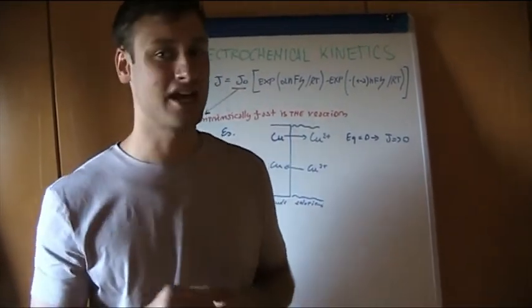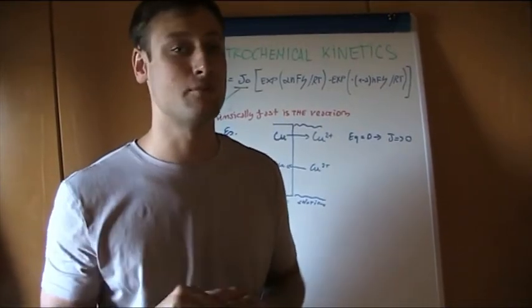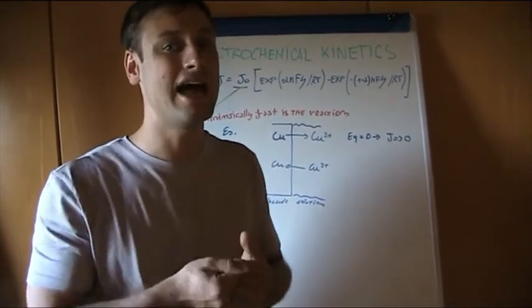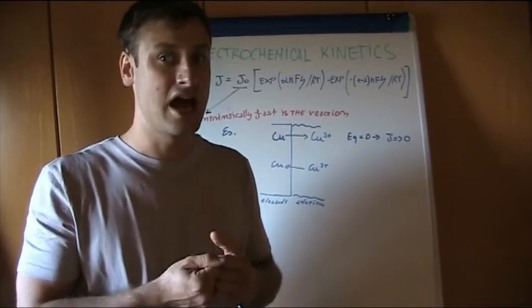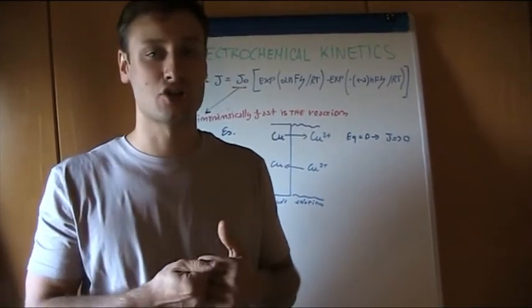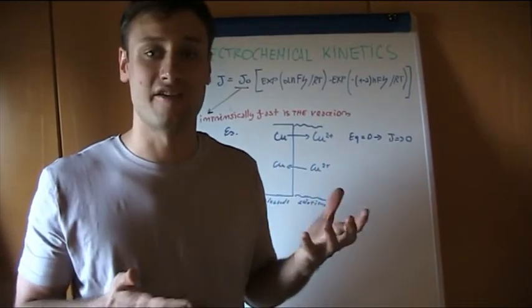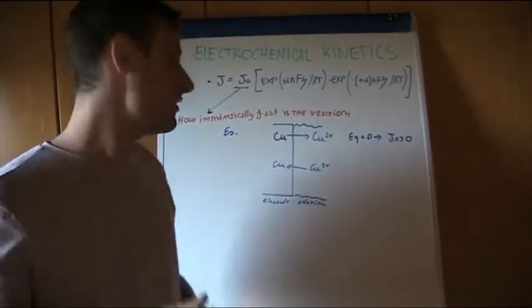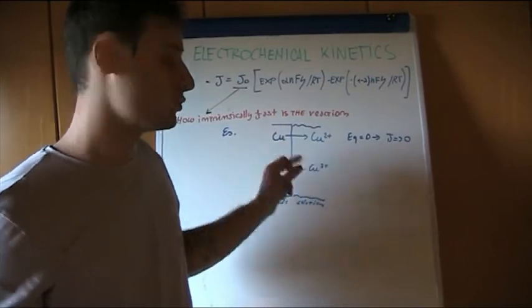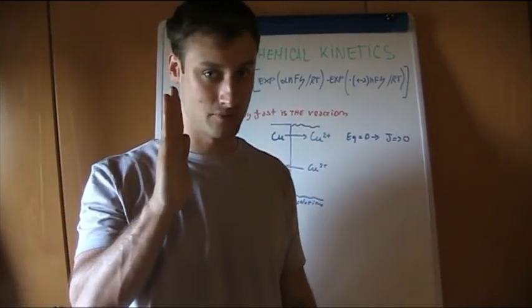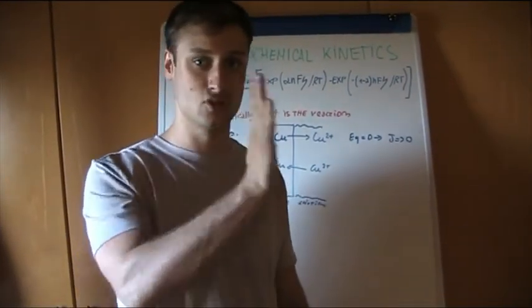Basically, it tells us if we increase the potential a little bit, if we apply an overpotential, how fast our reaction is able to go in terms of current with respect to another one. Imagine that this situation is composed of one hand that goes in this direction.